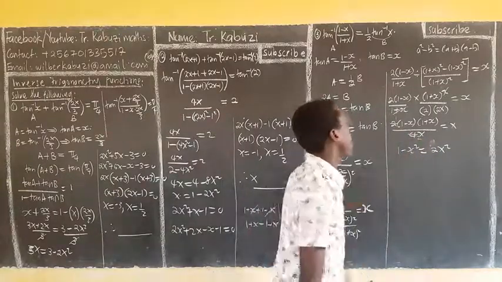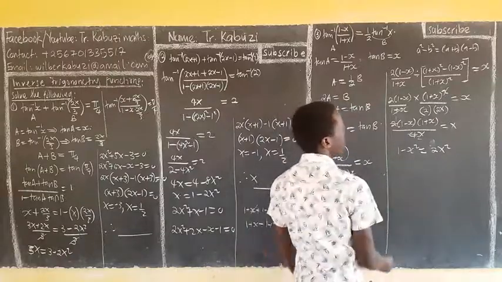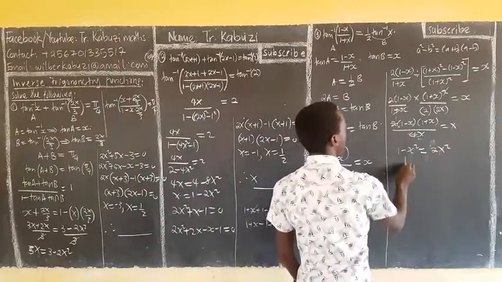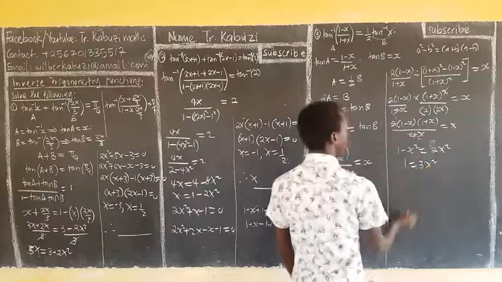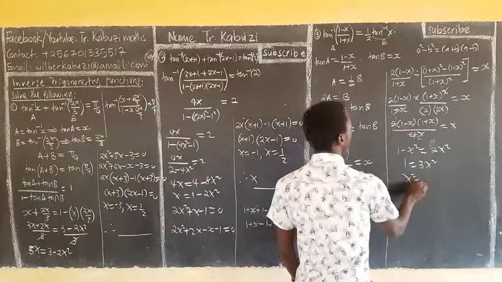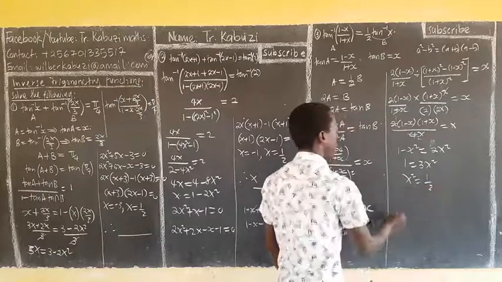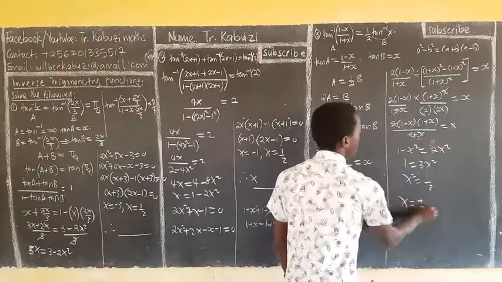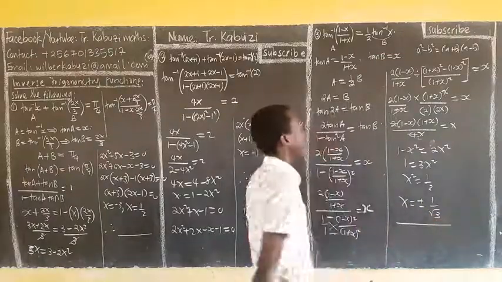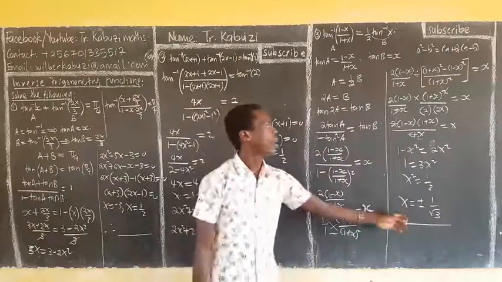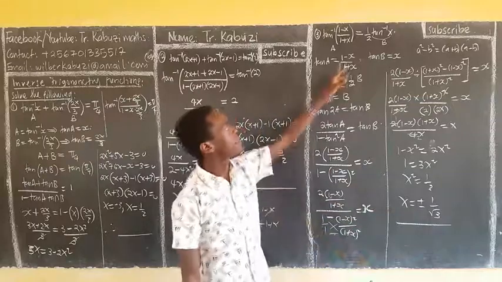Then I cross multiply. Take everything to the other side. You take this side, I have 1 equaling 3x squared. From here, my x squared would be 1 over 3. Then my x would be plus or minus 1 over root 3. So that's how that one gets done. You can go on to test the values, but we test from here.